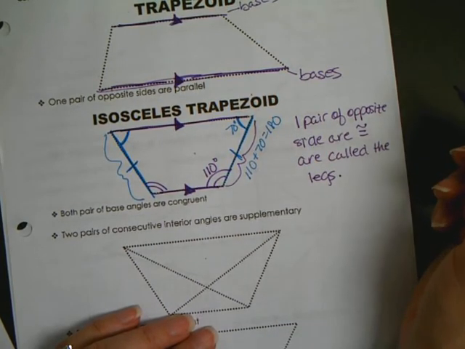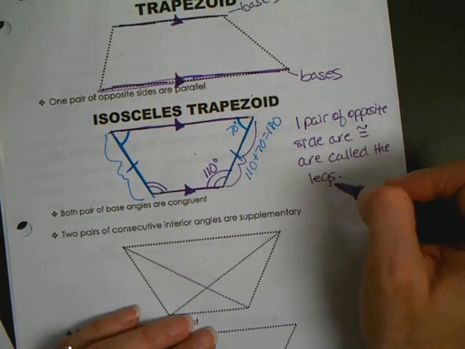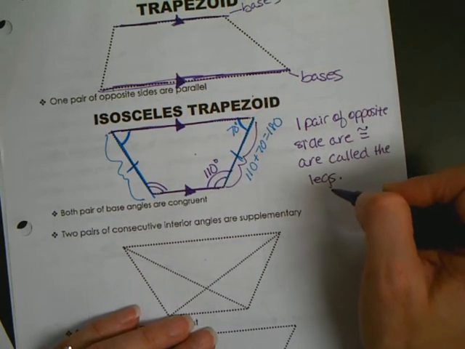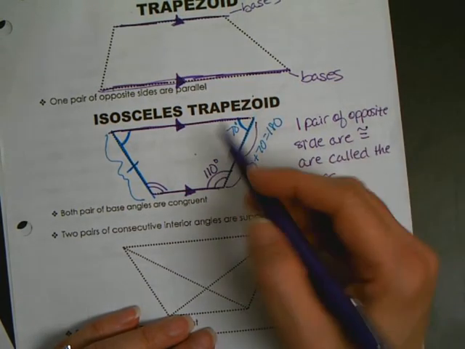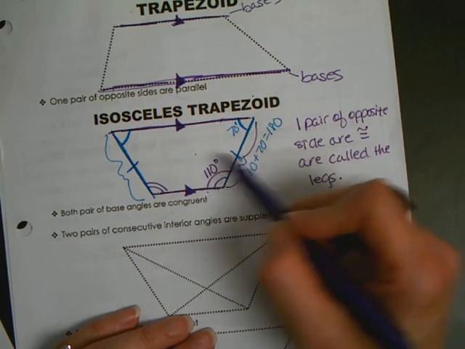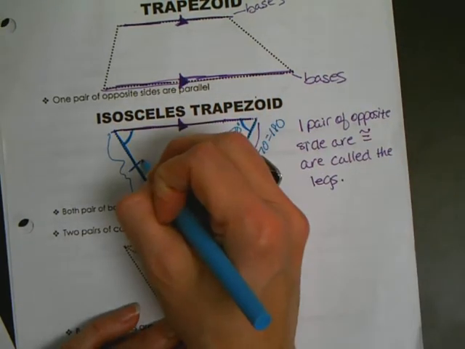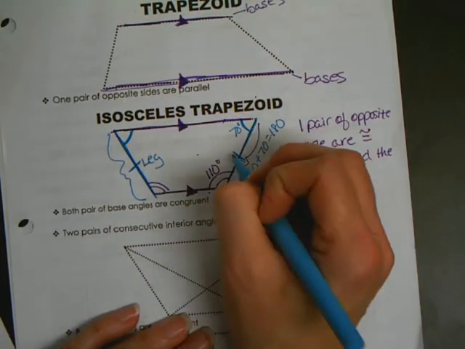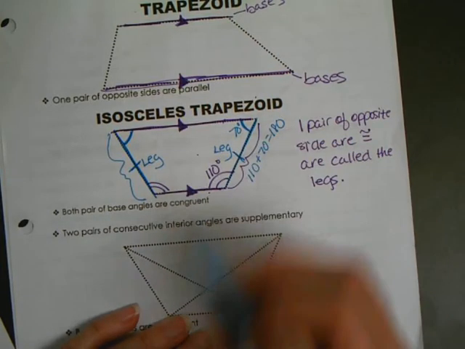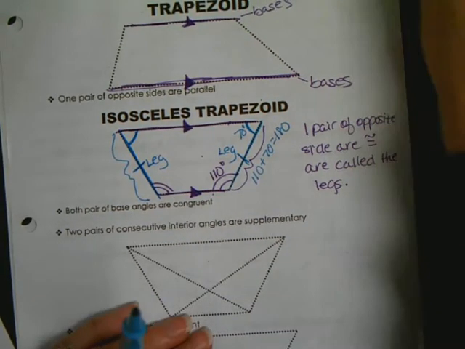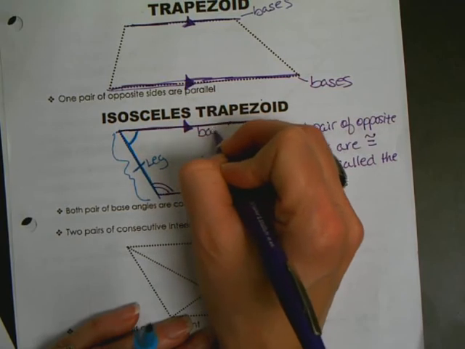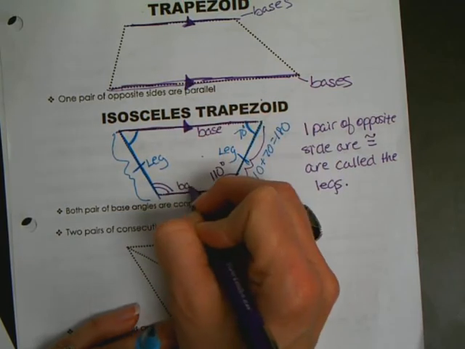The two sides that are the same are called legs, and the third side is called the base. It's the same way here. You've got your two bases, and then you've got your two sides that are congruent. Those are your legs. So let's go ahead and label those. There's a leg. Here's a leg. Here's a base, and here's a base.